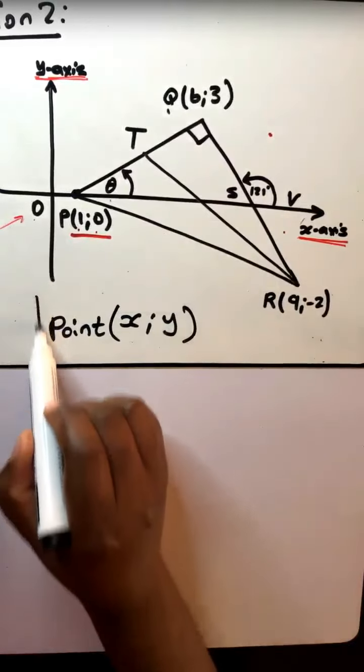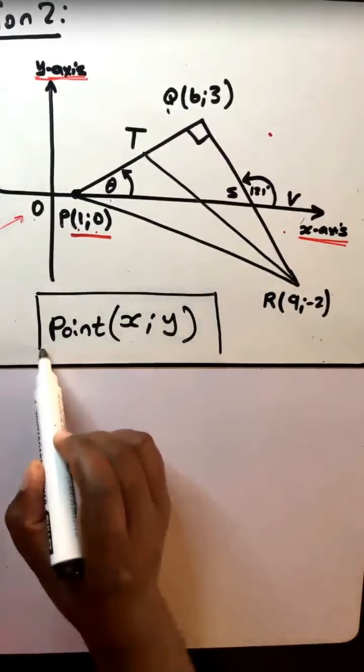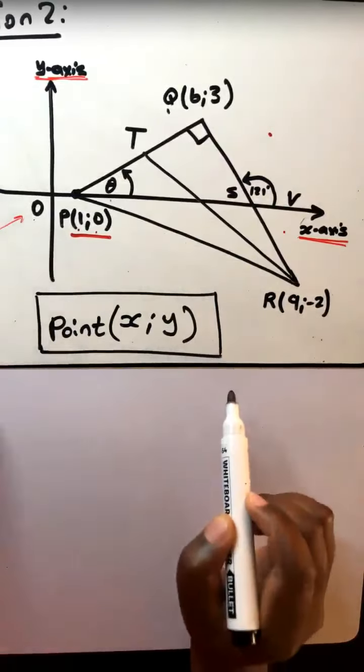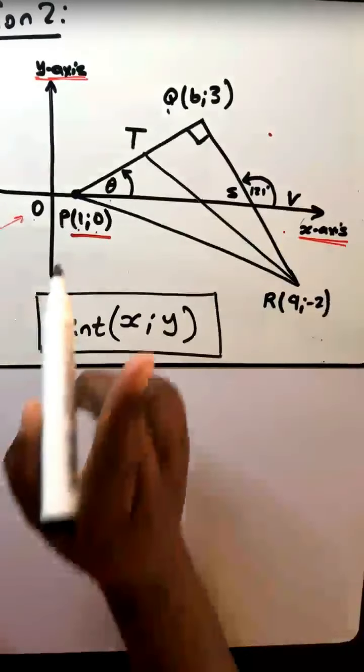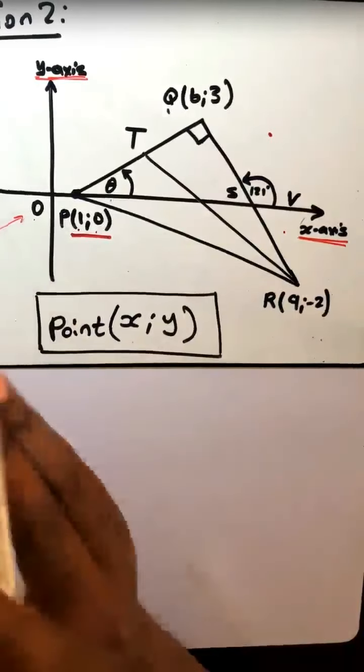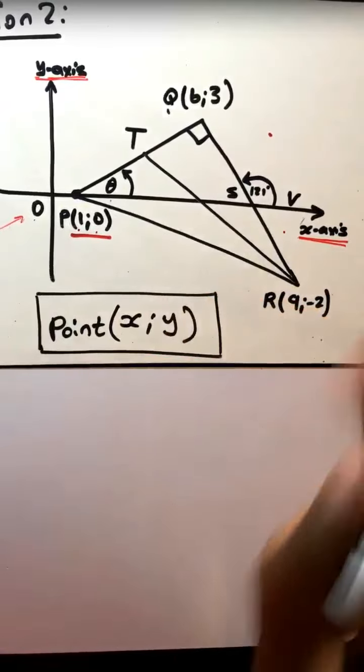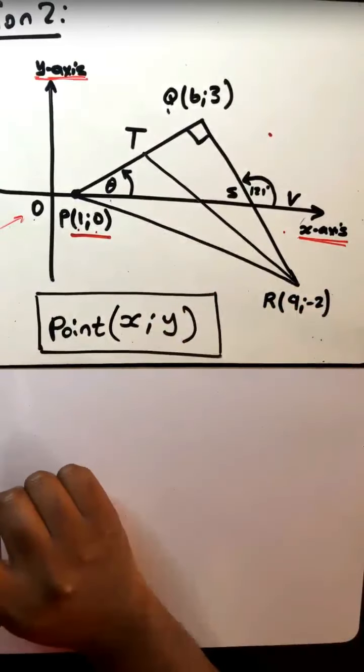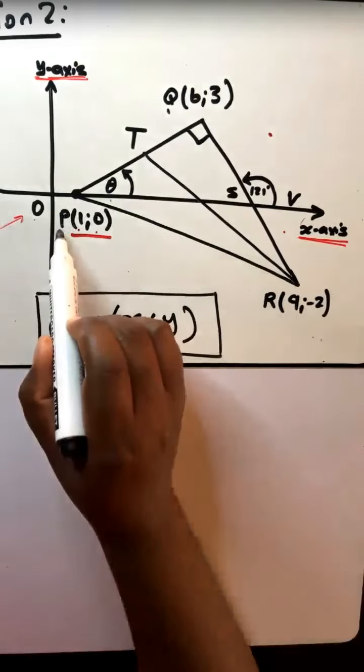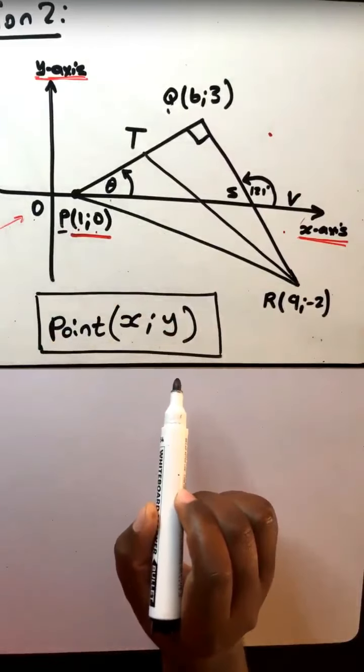Very, very much important, ladies and gentlemen, that at all times, when they say point, then you know they are referring to a letter, which could be any letter from A all the way up to Z. So in this case, they chose to use 3 letters with given coordinates. This is the first letter. We've discussed that part.